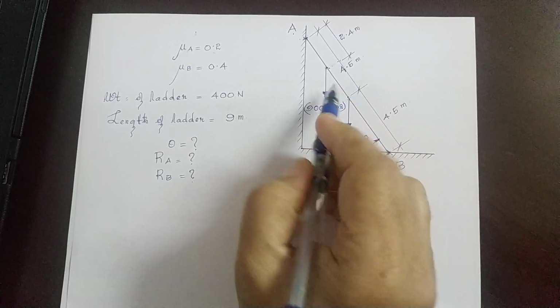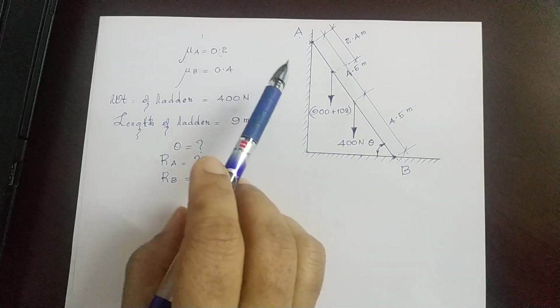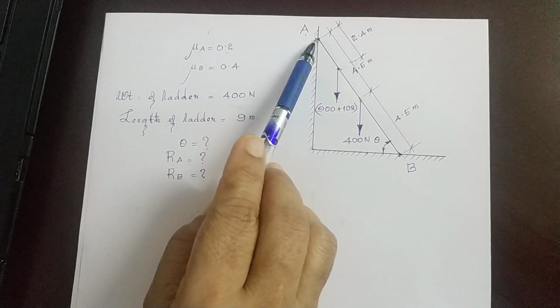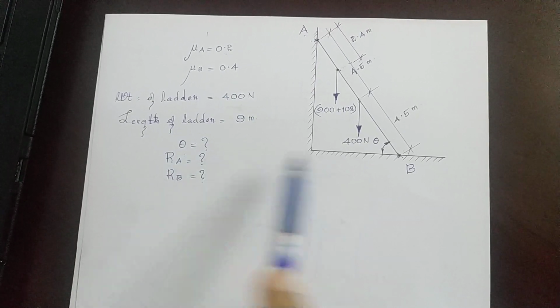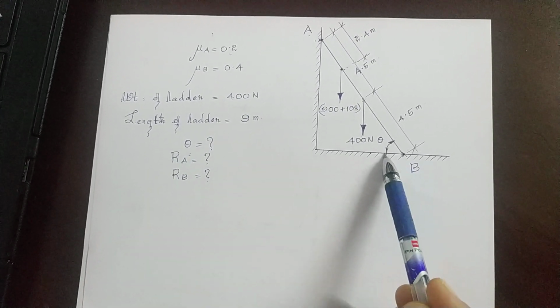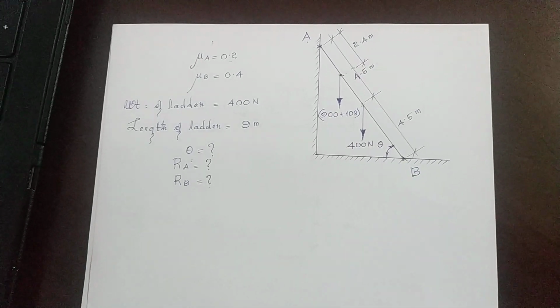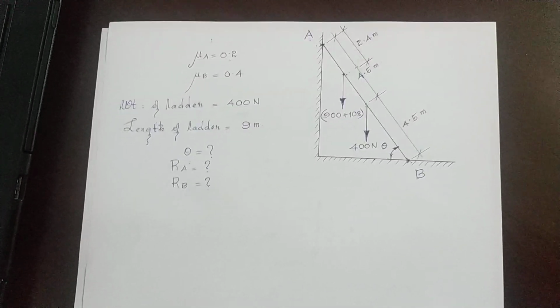So this is the total weight which is acting at this point. The question is, find the reaction at A, RA is equal to what? The reaction at B, RB is equal to what? And what is the inclination of the ladder with the floor? Theta is equal to what? So this is the question.